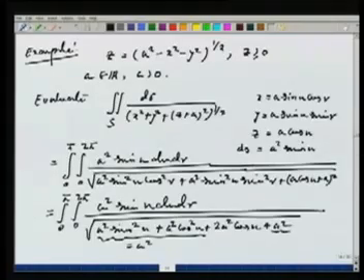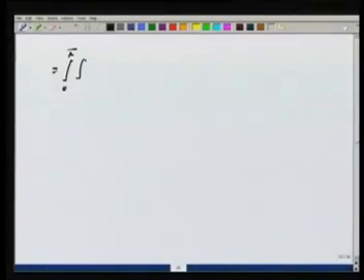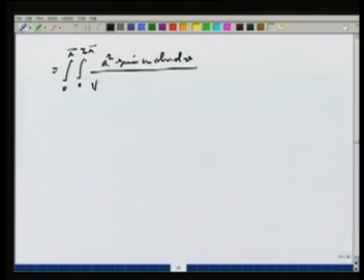Anyway, there is another a square, so I get twice a square. So finally what I get is 0 to pi, 0 to 2 pi, a square sine u du dv divided by square root of twice a square plus twice a square cosine u.